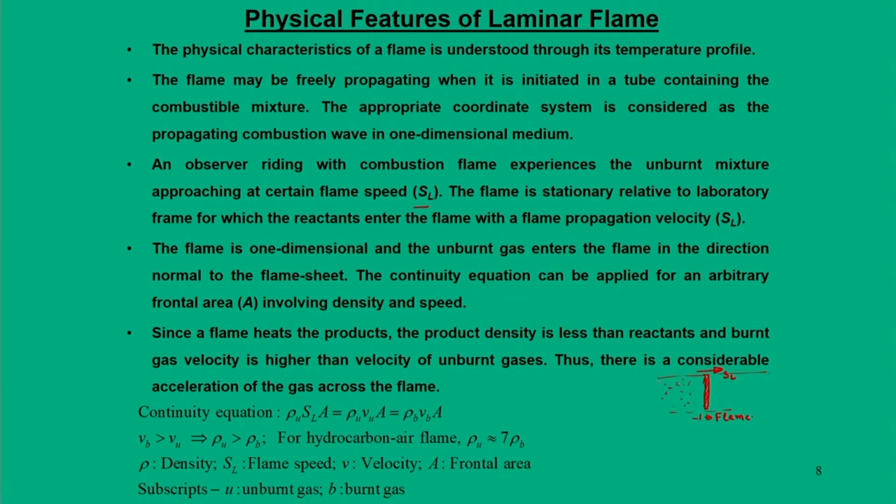just before this flame, we will have burnt gases, which means the flame has already propagated in these regions, and on the other side we have unburnt gases, which means it is a mixture of reactants, that is fuel plus oxidizer, which means that this flame has not entered the unburnt regions.